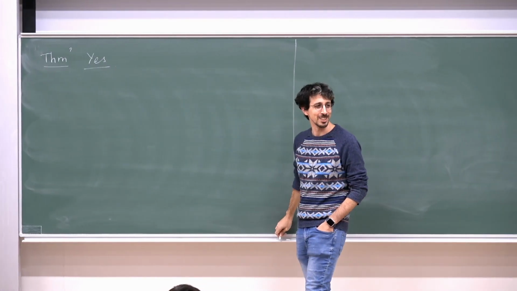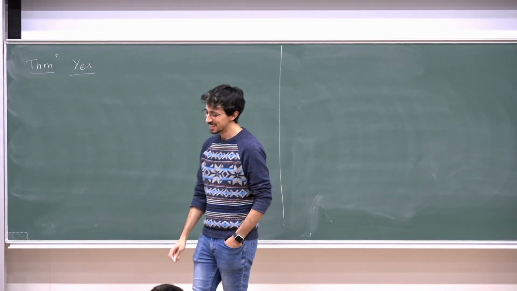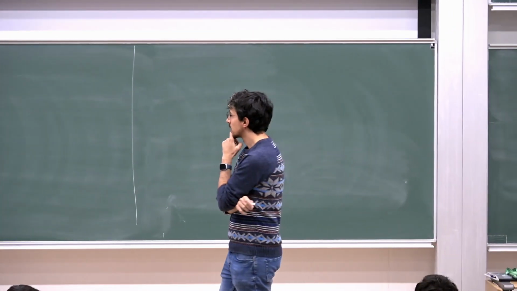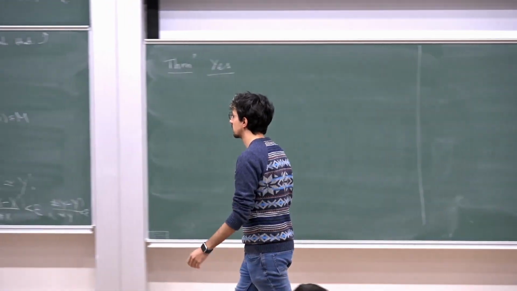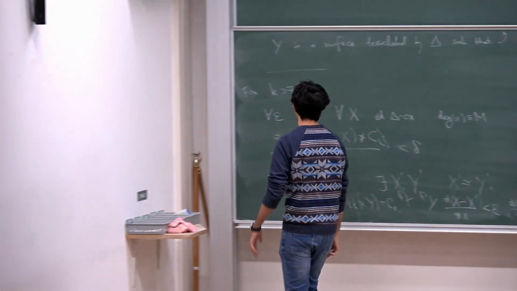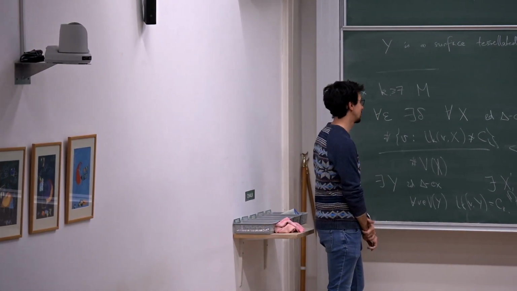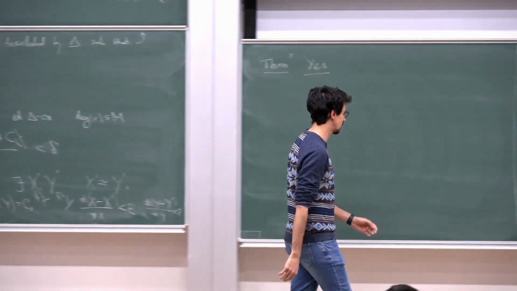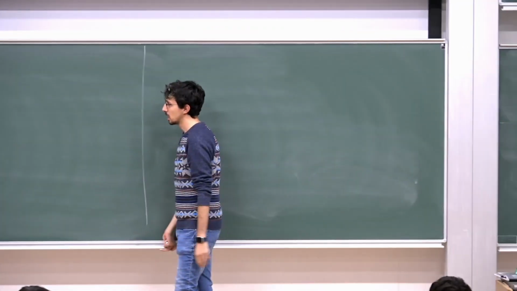The epsilon and delta depend on K and M. I'm not going to say anything about the dependence between them, but you can make those things quantitative.